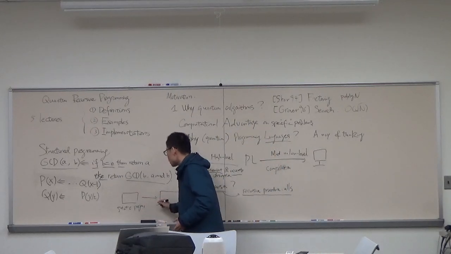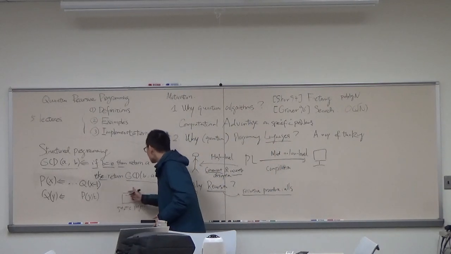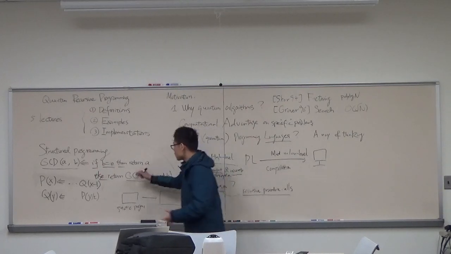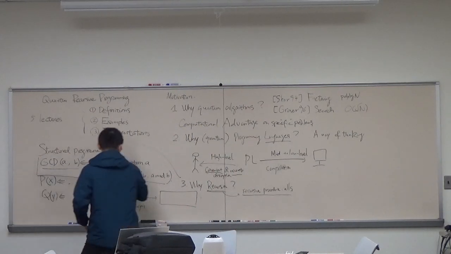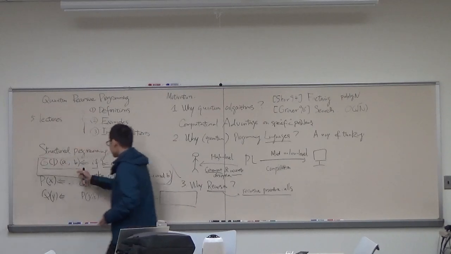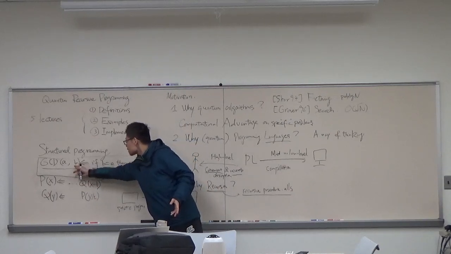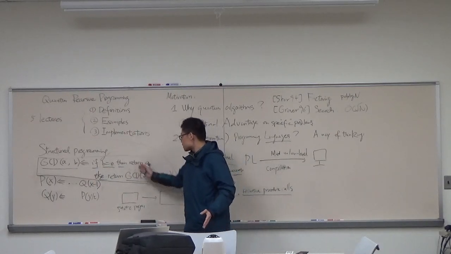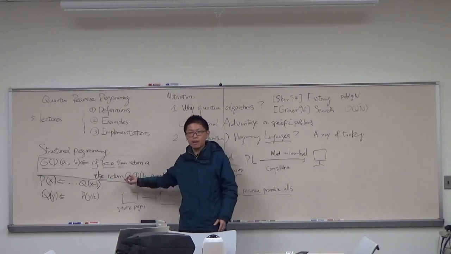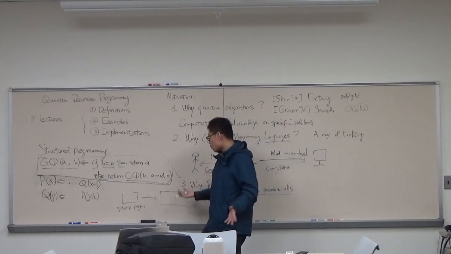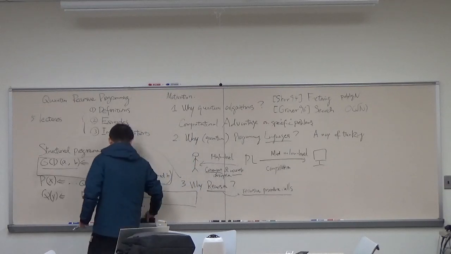So for example, this is a good example. This program text only contains this part. It is short, but if you take A and B to be very large, like millions and billions, then the actual computation carried out by executing this program is very long and dynamic. Okay.